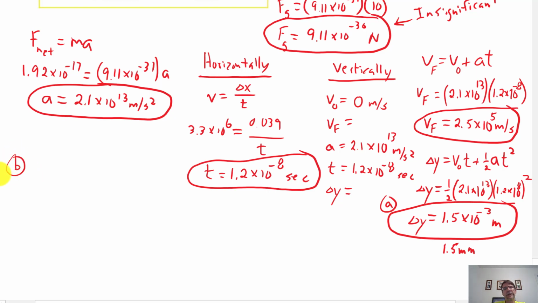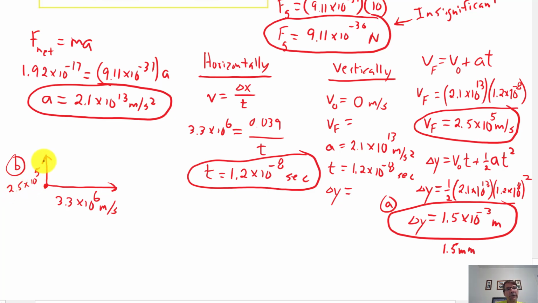All right, so for B, it's a vector problem. When the electron comes out, it's still moving sideways at 3.3 times 10 to the 6 meters per second. But at the exit point, it's moving up at 2.5 times 10 to the 5th.